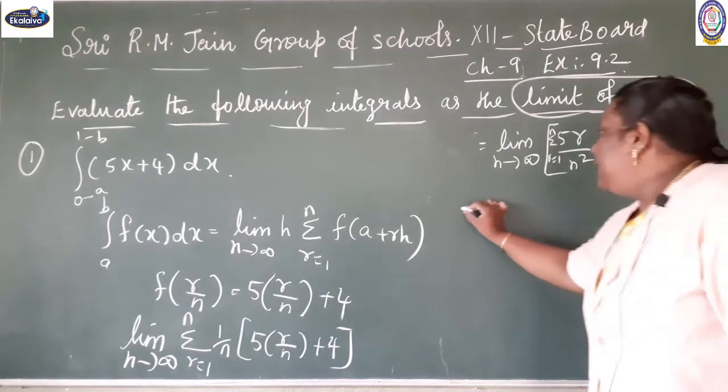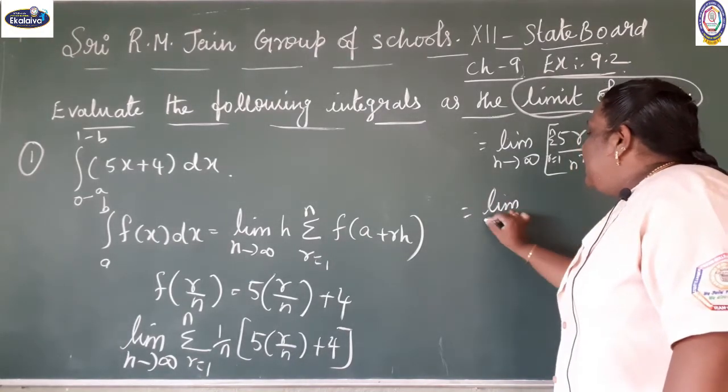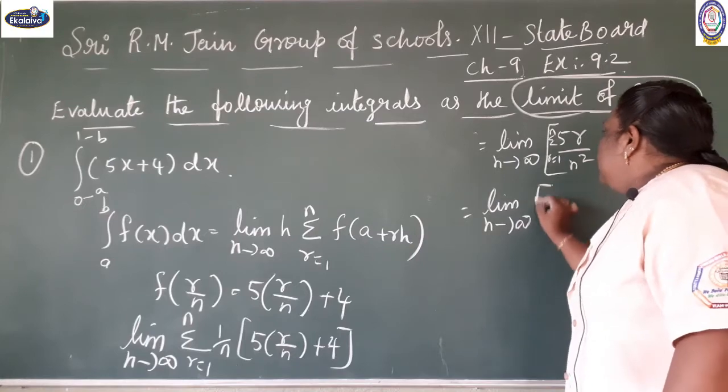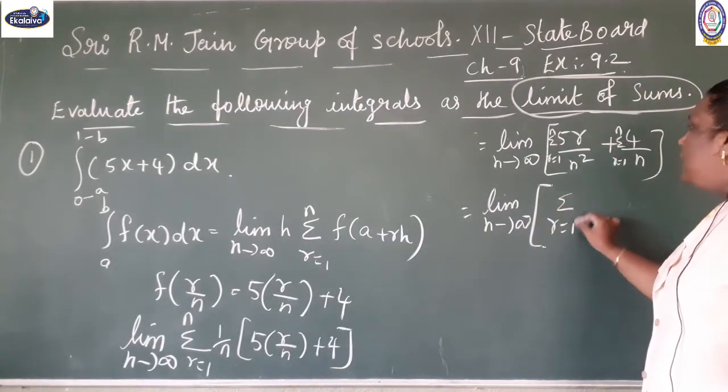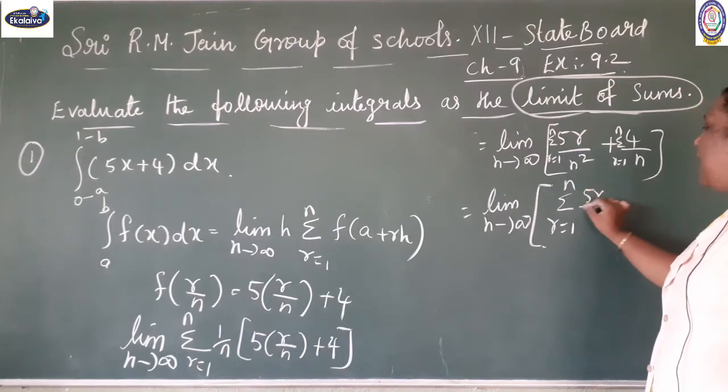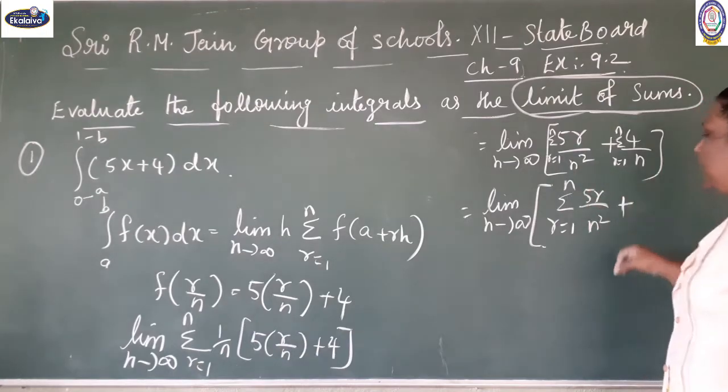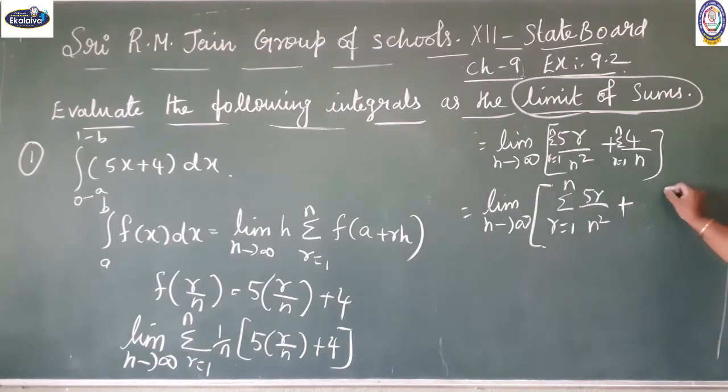See, limit n tends to infinity sigma r equal to 1 to n 5r by n square plus sigma r equal to 1 to n 4 by n.